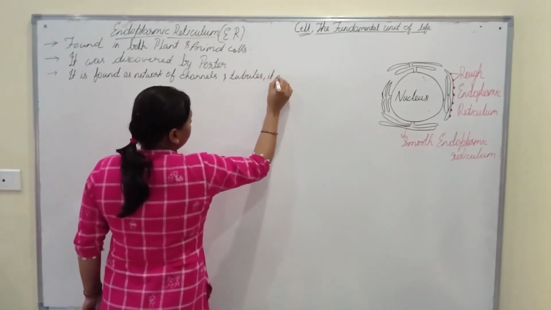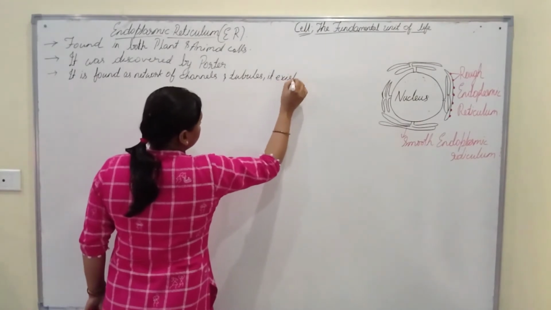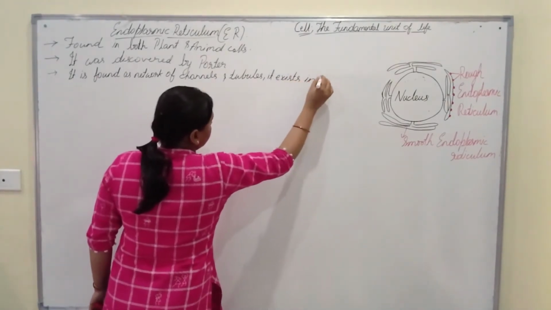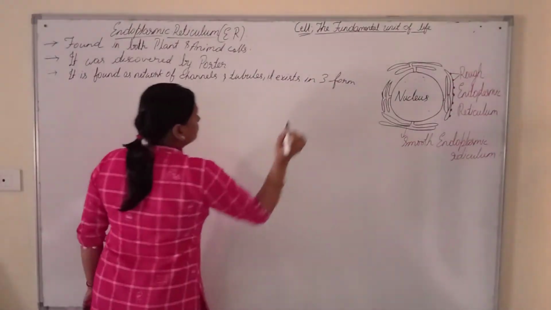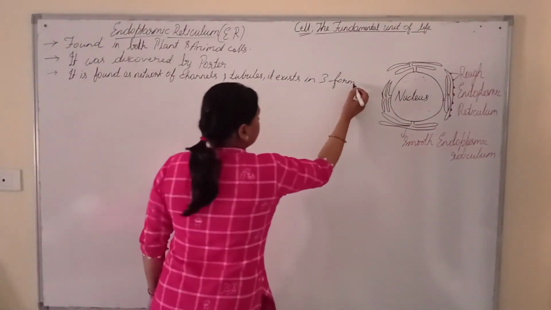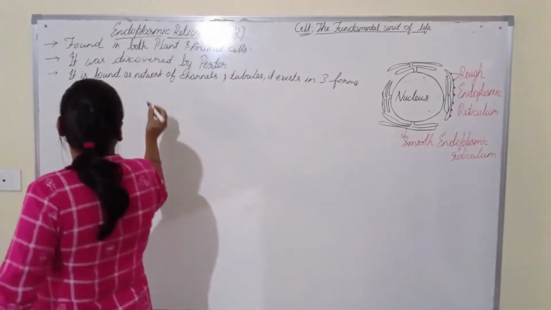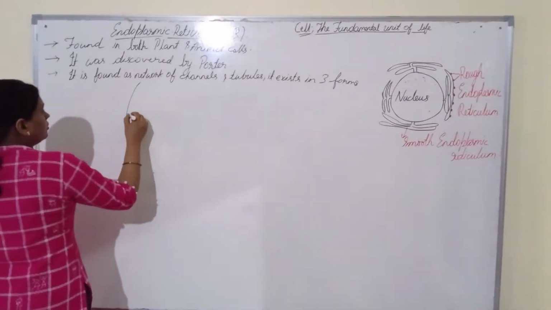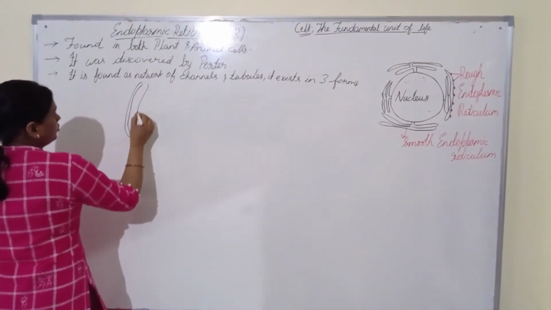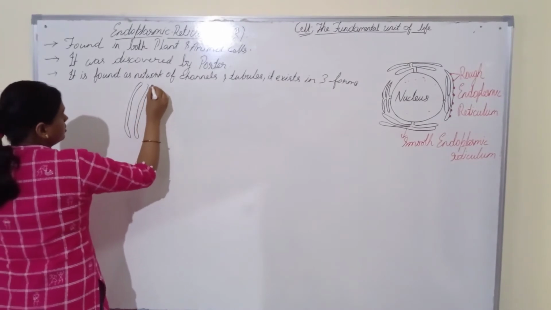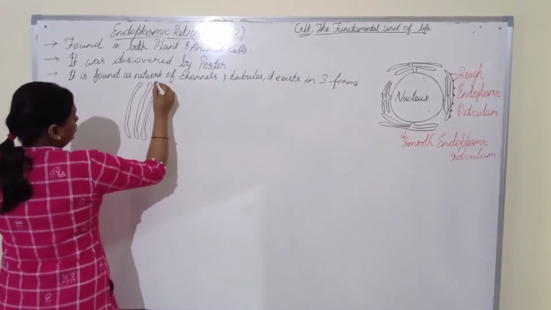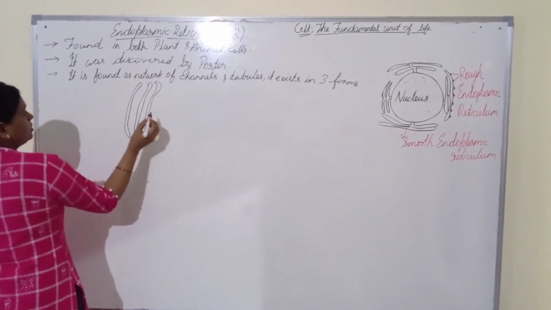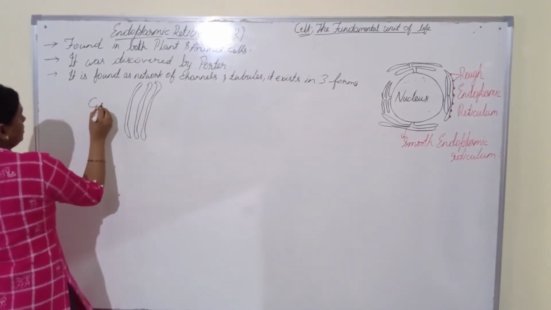It exists in three forms. This type of structure, which is membrane enclosed, is called cisternae.